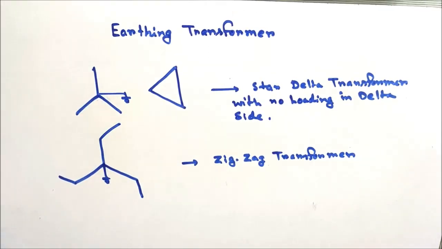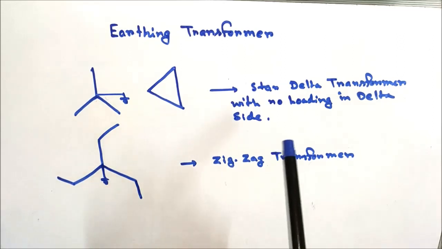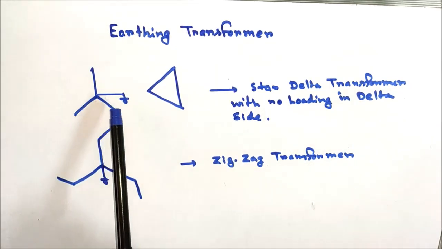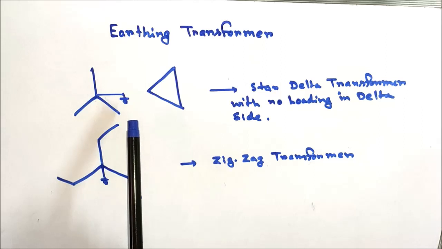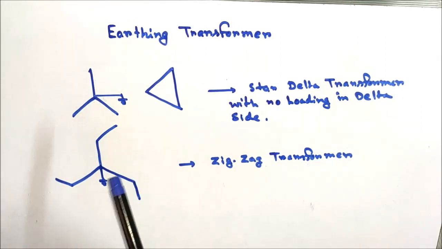Now, to provide a neutral point in the delta connected system, what can we use as an earthing transformer? We can use a star delta type transformer with no loading on the delta side, where the star point or neutral point is grounded to provide a return path for the earth fault current.